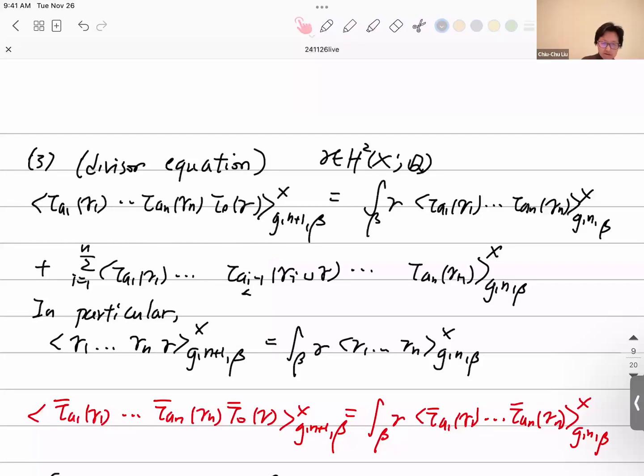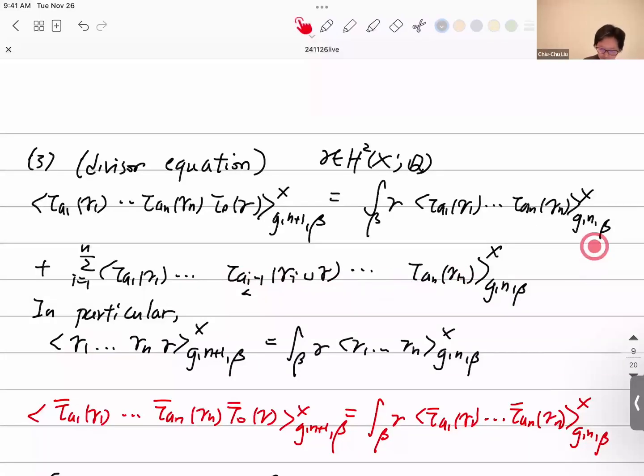There's some discrepancy, and if we study that discrepancy, we get this. In particular, for the primary divisor equation, we don't have the second line.